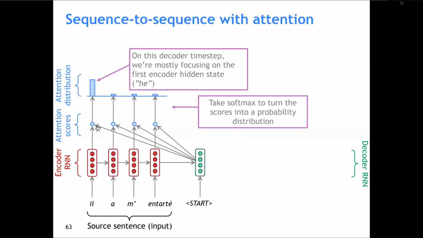From that, you can see the first word to output is highly correlated with the first word in the source sentence. It says you should utilize these hidden states well to predict the first word.